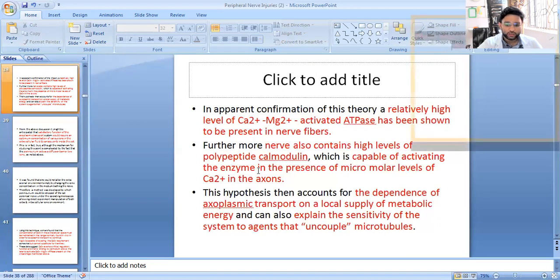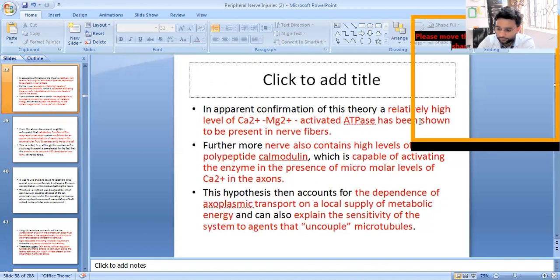This hypothesis then accounts for the dependence of axoplasmic transport on a local supply of metabolic energy and can also explain the sensitivity of the system to agents that uncouple microtubules.